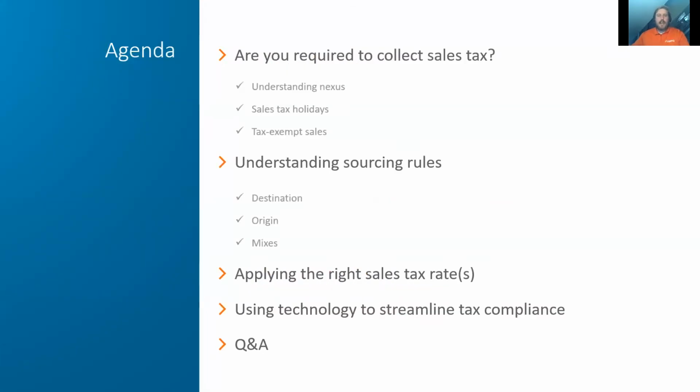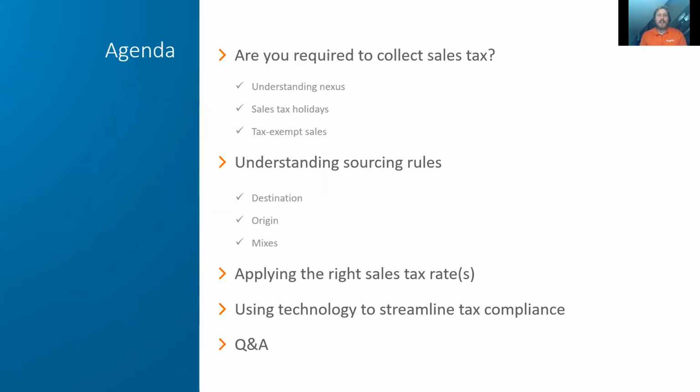Here is just a short agenda for what we're going to be discussing today. As you can see at a high level, we're going to be making sure that you are required to collect sales tax in the correct states, right? So understanding Nexus, we're going to talk through some specific sales tax holidays, exempt sales, exempt status, things of that nature.